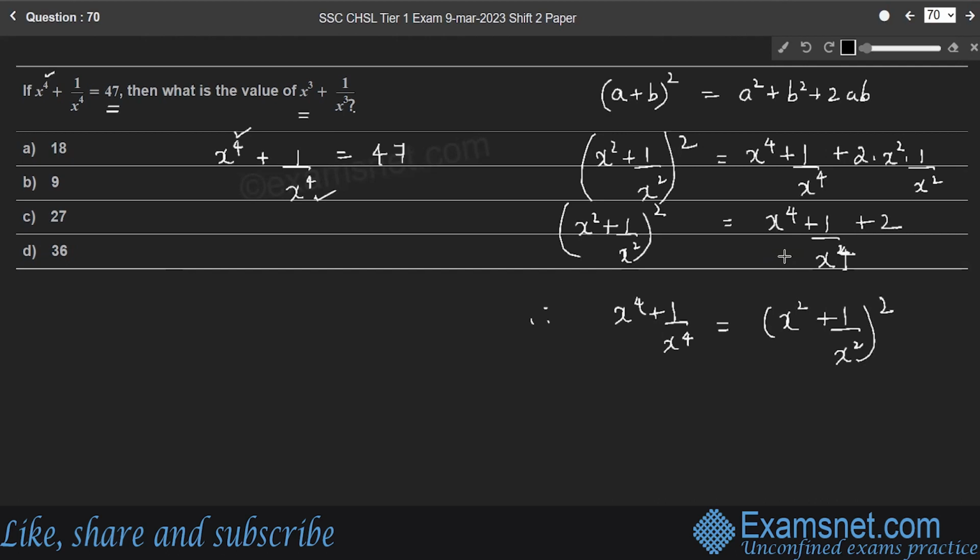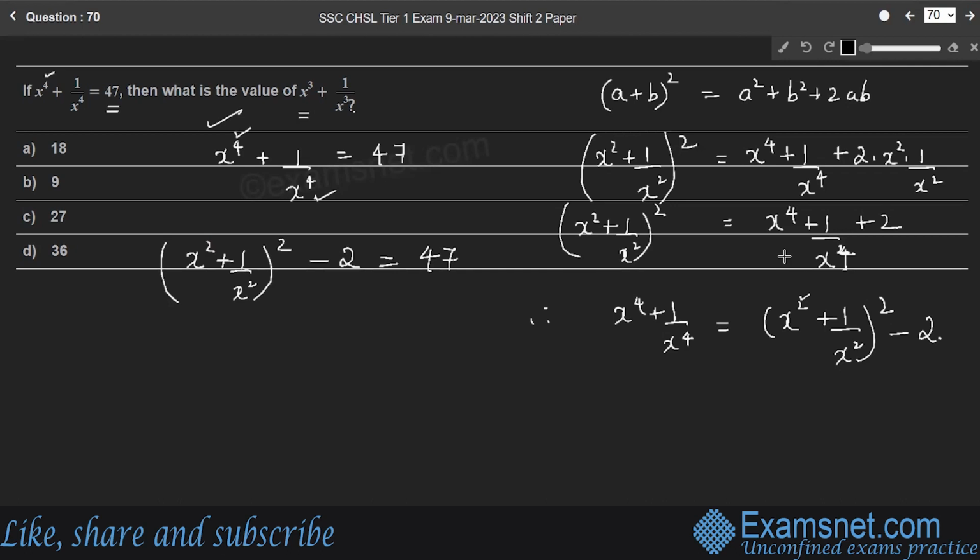So the power is reduced to half, right? X raised to 4 is reduced to half plus 1 by x square, the whole square minus 2. We need to subtract 2, right? Therefore, come back to the original expression. Here, x raised to 4 plus 1 by x raised to 4 can be written as x square plus 1 by x square, the whole square, minus 2 is equal to 47.